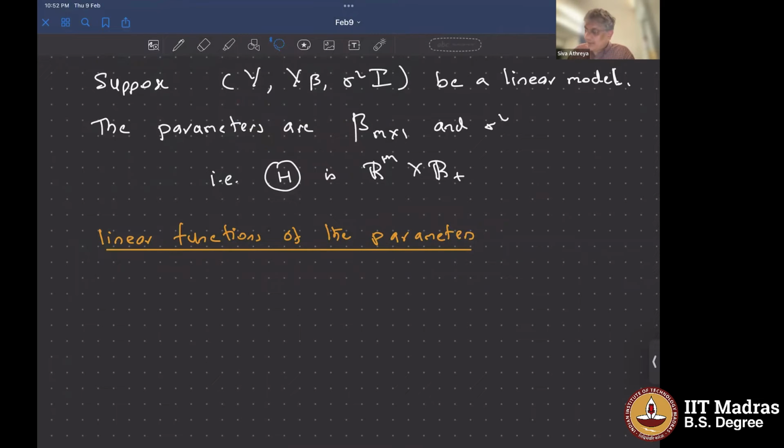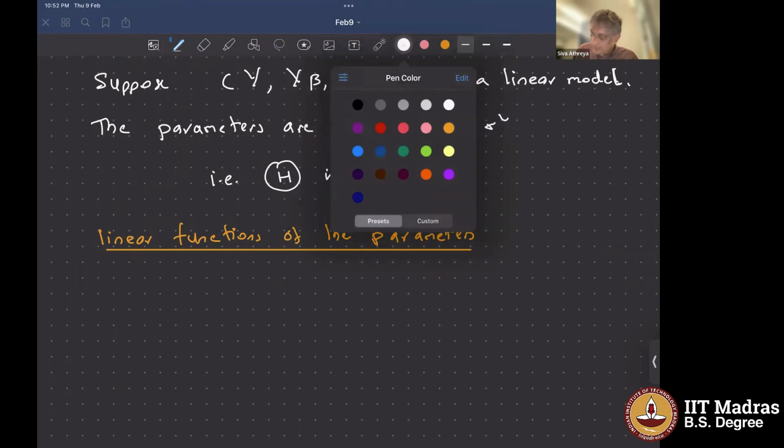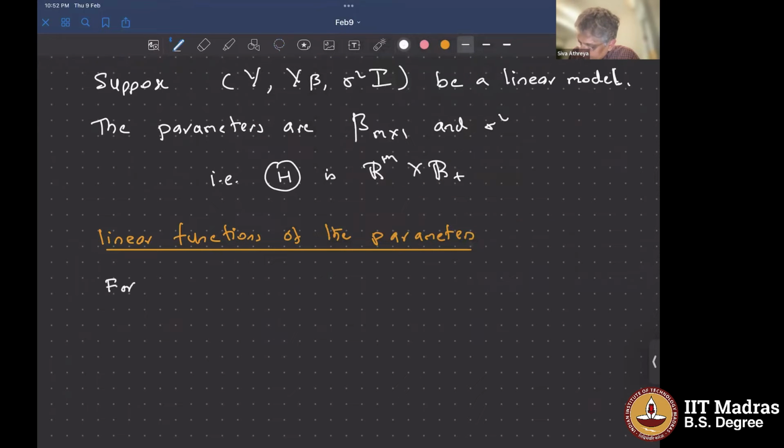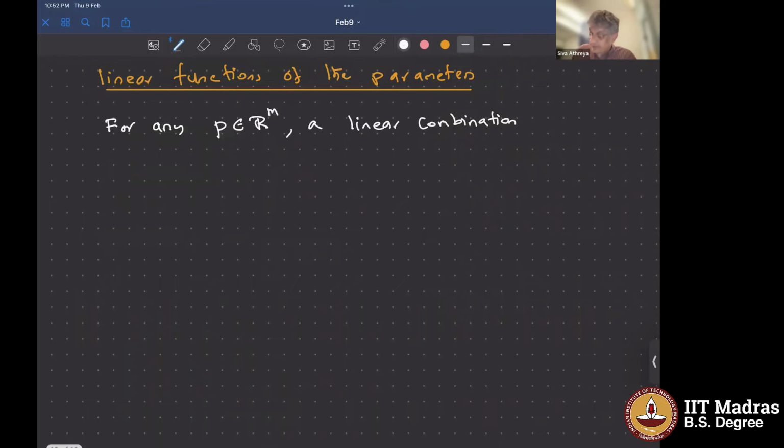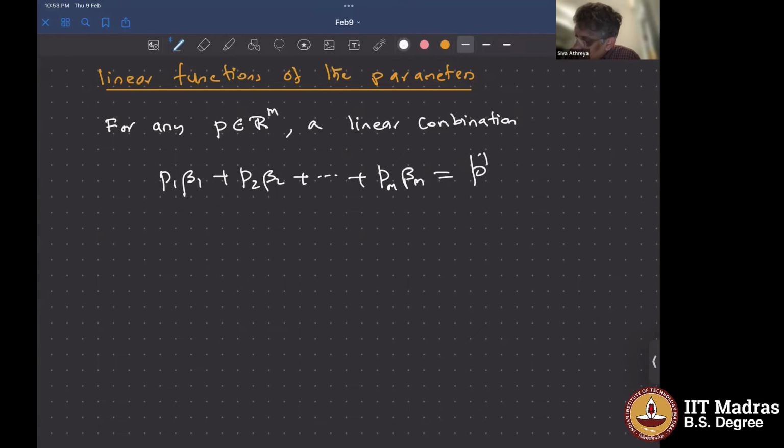So what is a linear function of a parameter? Let's define that first before we start. For any P in R^m, a linear combination, so here P is a vector in R^m, I'll think of it as P1 beta 1 plus P2 beta 2, all the way till Pm beta m. This is just going to be P transpose beta.